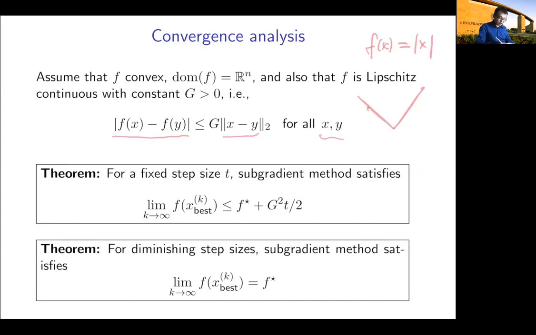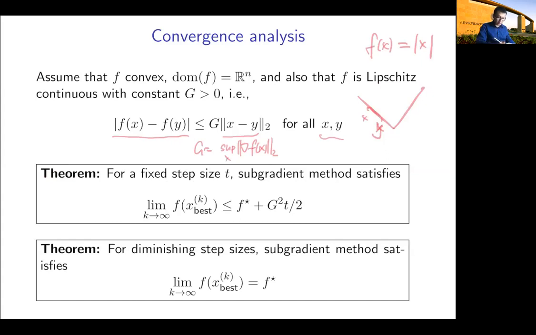Yes, excellent, there's an answer. So basically, if you take any two points x, y, the slope is actually G. You can think of this G as a uniform upper bound on the magnitude of the gradient. So for differentiable functions you can take G to be that bound.